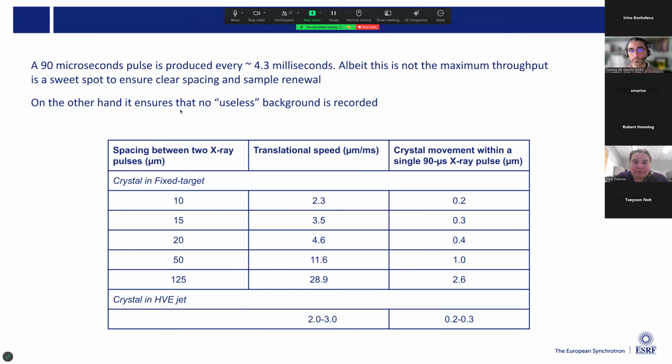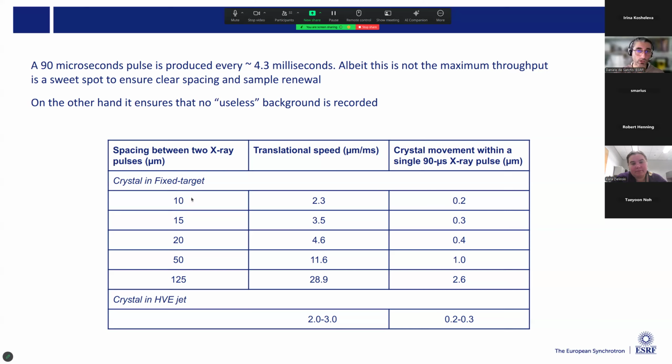If the crystal is small and does not stay in the beam for the whole exposure time, because of fast translation on the foils or because of the injector, you will be recording a lot of background with a longer exposure. So we calculated, for the different spacings between two X-ray pulses, how much the sample would move when we collect on foils.